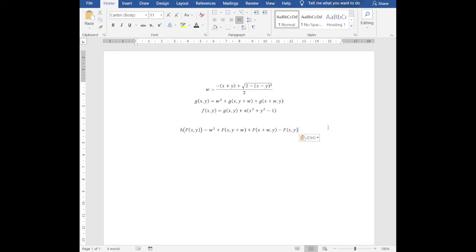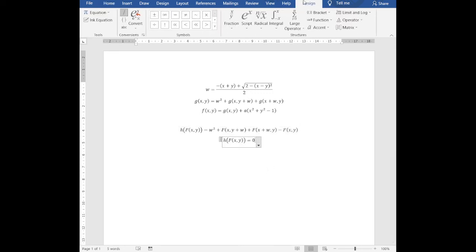Now, let's see what it means for this to be equal to 0. What it means for that to be equal to 0 is that... I don't know the easiest way of getting an implies symbol here. I need to go arrows, I guess.